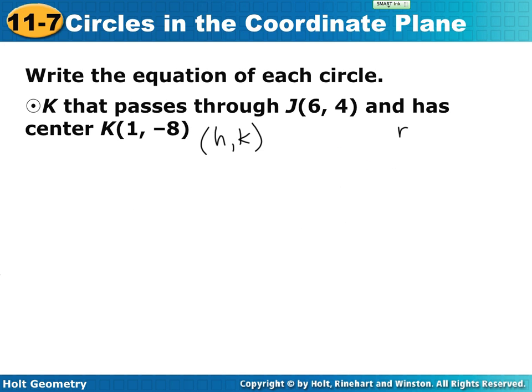All right, how about the equation of the circle that passes through (6, 4), and has a center of (1, -8)? Think which point is which. The h and the k are the center point. You're going to have to figure out the radius.